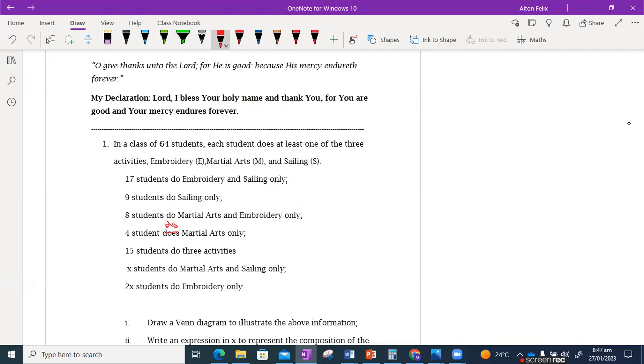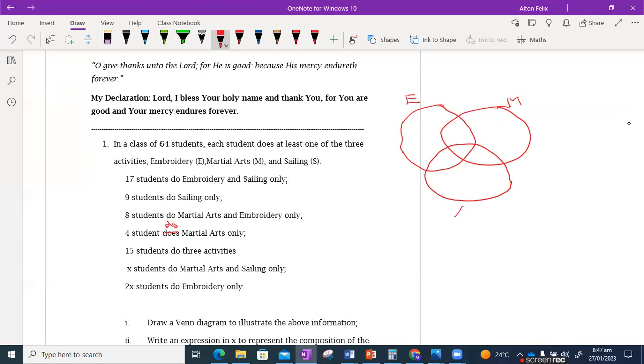Let's do that. So we are dealing with 3 sets. Let's represent those 3 sets by 3 circles, and we can name these 3 circles E for embroidery, M for martial arts, and S for sailing.